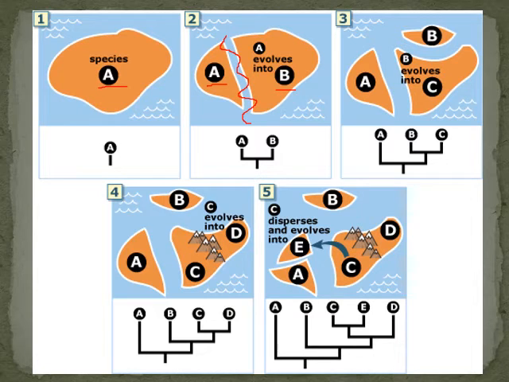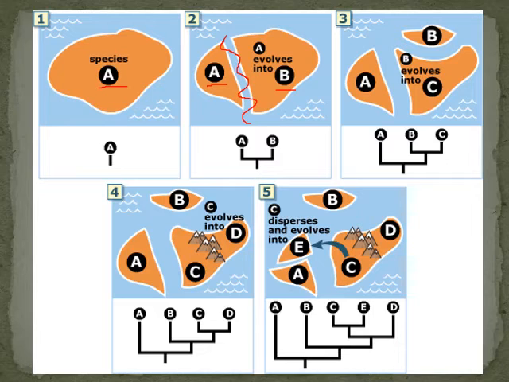Now, the mechanisms that would allow this to happen is the environment, and I'm going to go into a lot of detail of how this works under the formation of species in a much later on lesson, but this is just to show you how the geography and the location of a species can influence how many species arise from it.